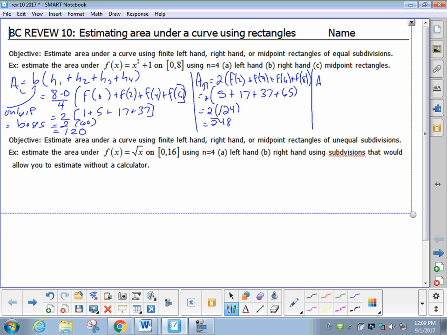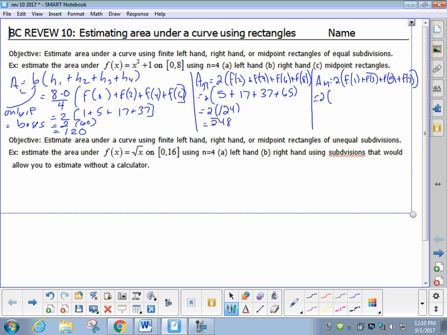Okay, for the midpoint: each subinterval, the first being 0 to 2, has midpoint 1, so f at 1, then f at 3, then f at 5, then f at 7. All these are new.